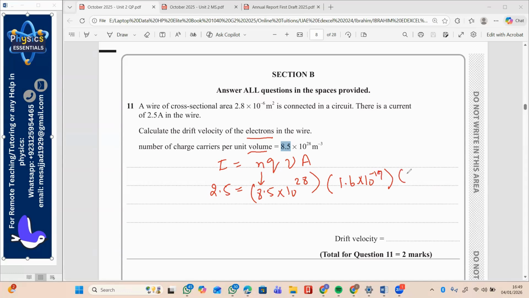Drift velocity v is the one that we need to find, and the given area is 2.8 into 10 raised to the power minus 6.